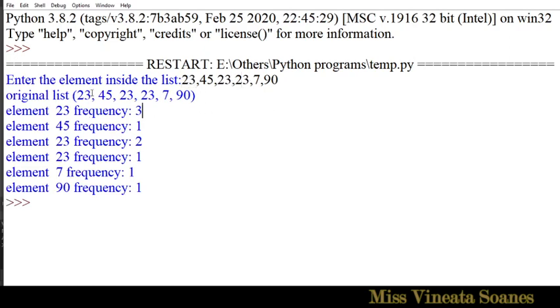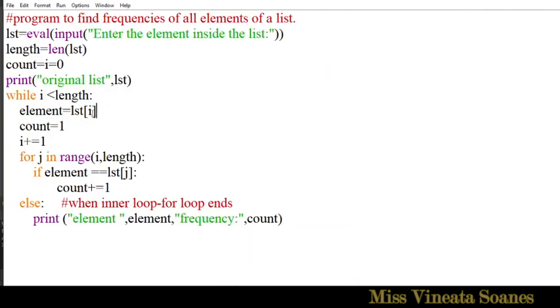Now how? We are trying to store this in the element variable. So element will have 23, and why are we getting the 23? Because we said it's equal to this index 0, right? Now which line? This line, when we are saying element equals LST I, because I is 0, right?